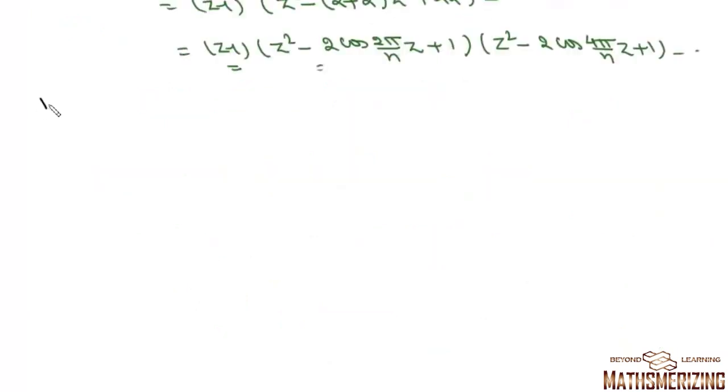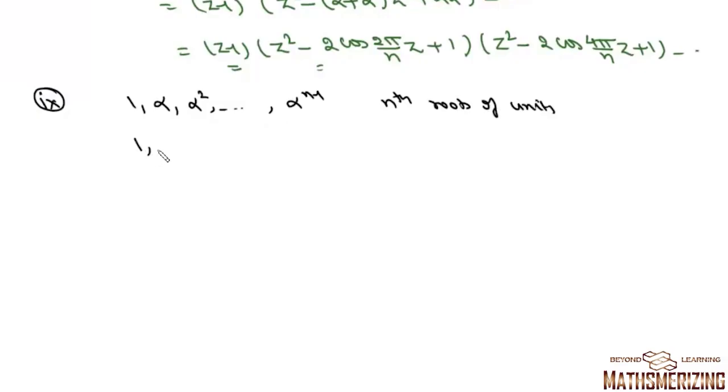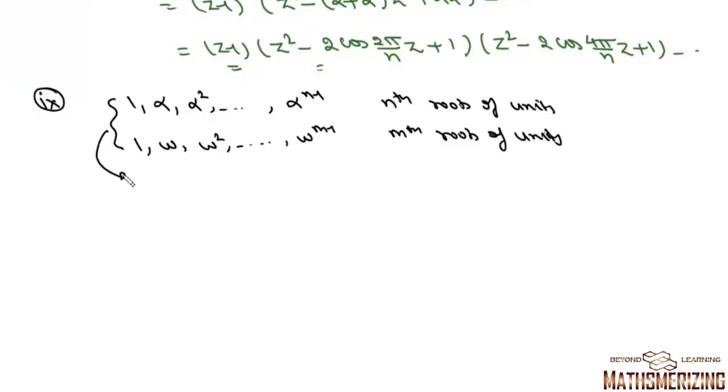Now the ninth result is: if 1, alpha square, up to alpha to the power n minus 1 are nth roots of unity, and 1, omega square, up to omega to the power m minus 1 are mth roots of unity, then we need to find the number of common roots.